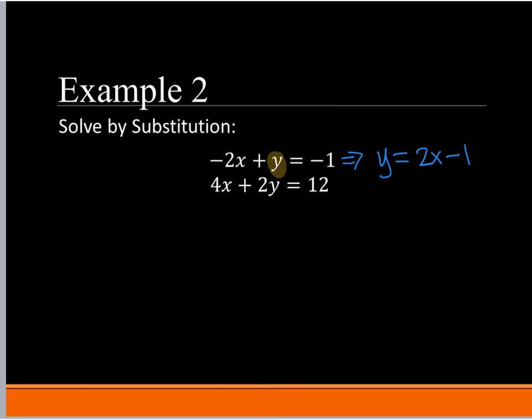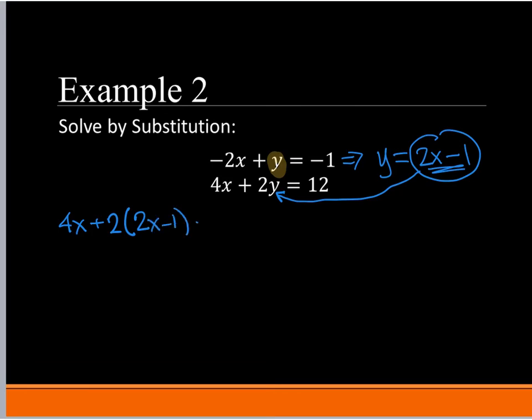Now that I've done that, I'm going to take my 2x minus 1 and plug it into the y for that second equation. So ultimately, that gives me 4x plus 2 times, we said that y now is equal to this 2x minus 1, and then I'm still setting that equal to 12. Now I have to go through and actually solve for x.